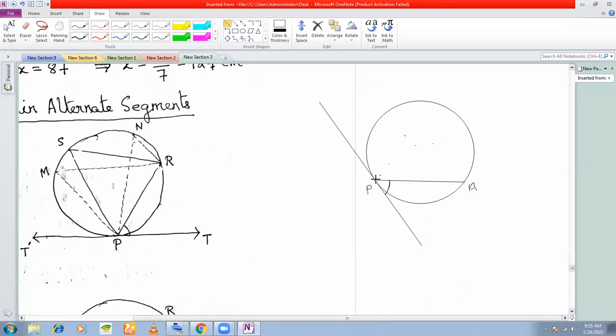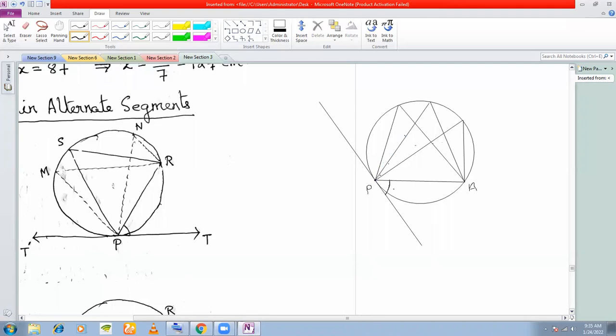What are those angles that I can construct? But they all must be on the segment AP. Okay. This is one angle I can construct. Another angle I can construct. And many angles I can construct, but all must be on the chord AP.